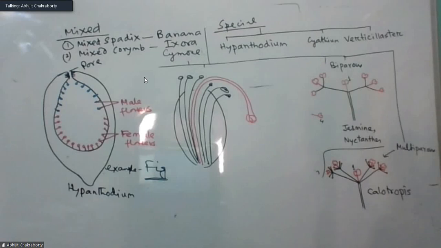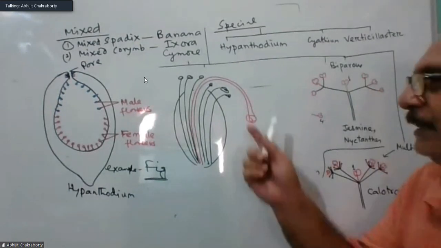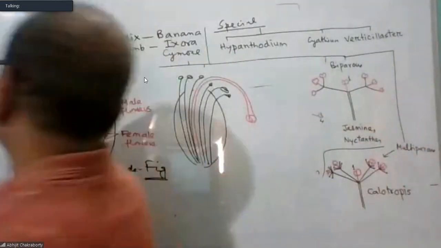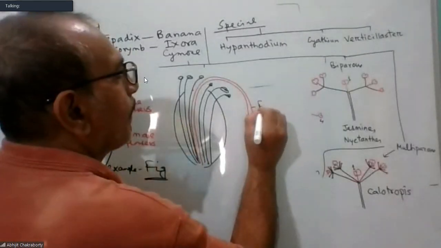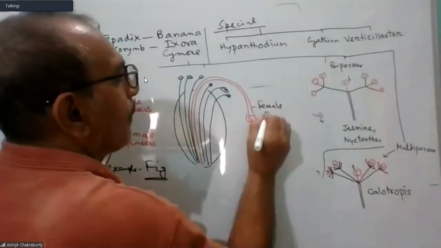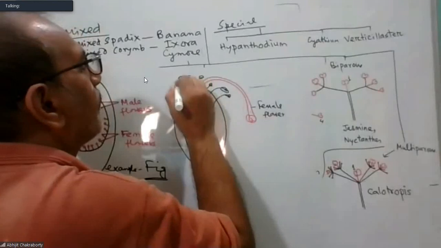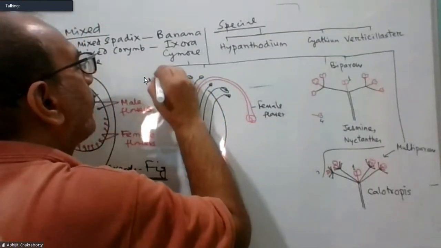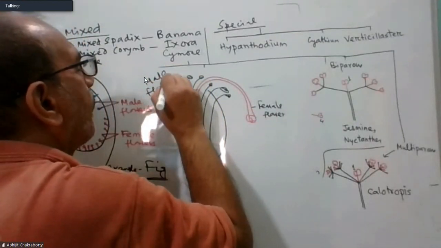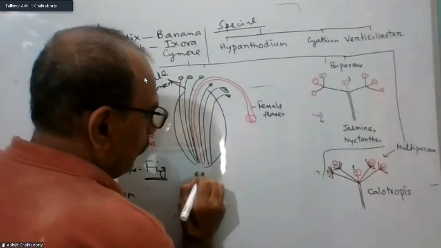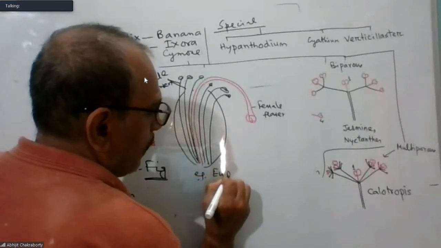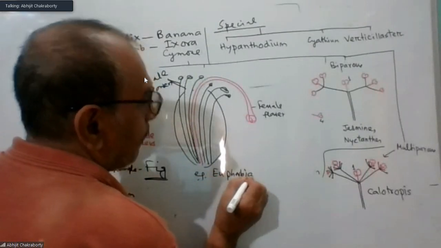In case of Cyathium, a female flower is at the top and male flowers are arranged around it. Example, euphorbia.